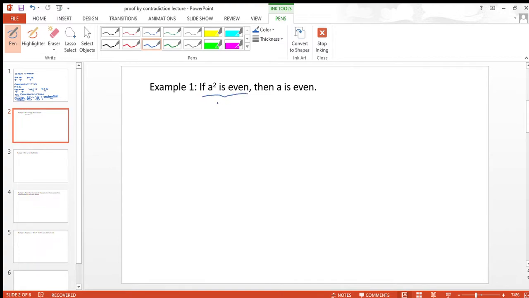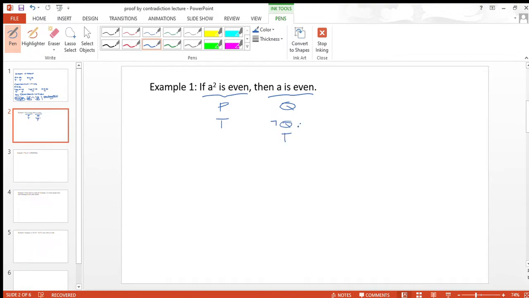Okay, so this is our P and this is our Q. If P, then Q. So according to the process, we assume that P is true. And then we also will consider not Q to be true.